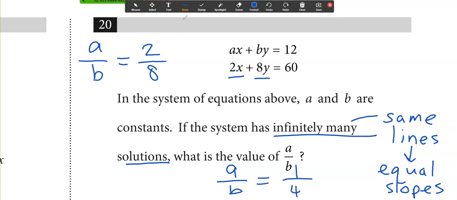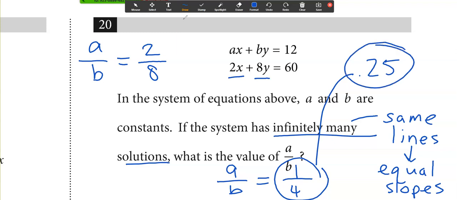1/4. Would they take 0.25? Do you think that would be an acceptable answer? Probably. Not probably, they would. They definitely would take 0.25. It's a very finite terminating decimal, so it's an easy one.